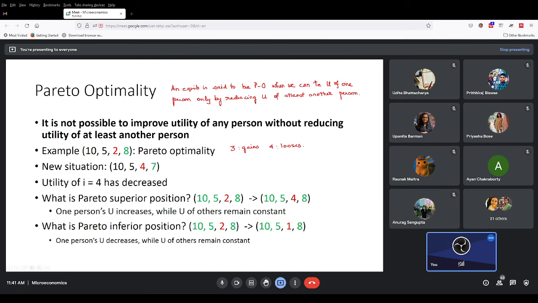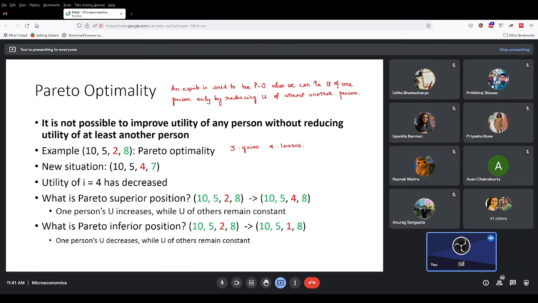Okay. So this means the original equilibrium, this one, 10, 5, 2, 8, is a Pareto optimal equilibrium. We can improve the utility of one person, in this case the third person, only by adversely affecting another person, which is the fourth person.